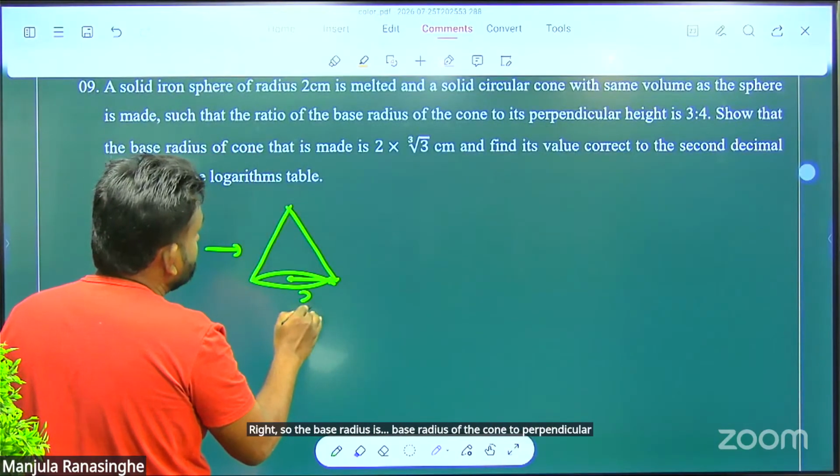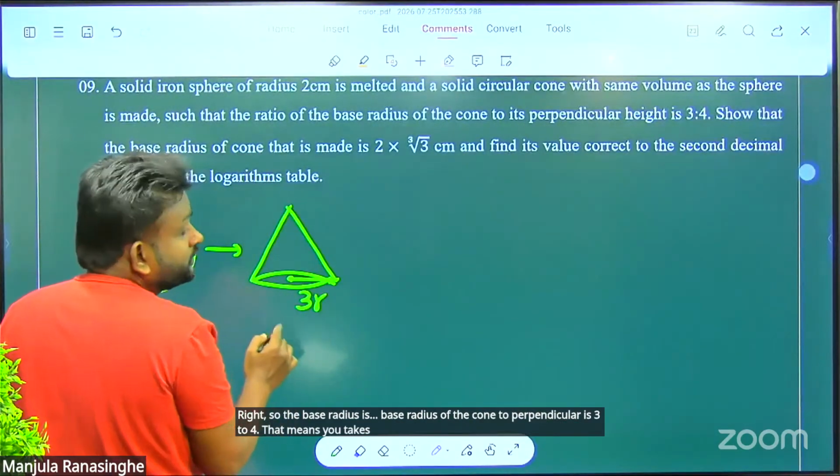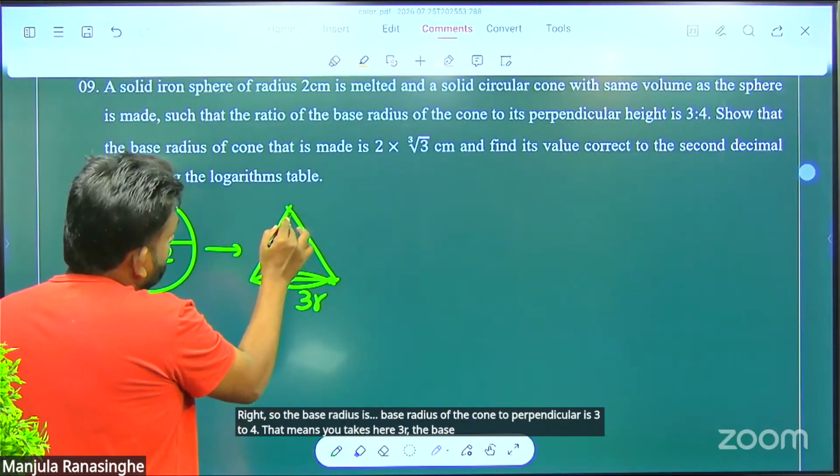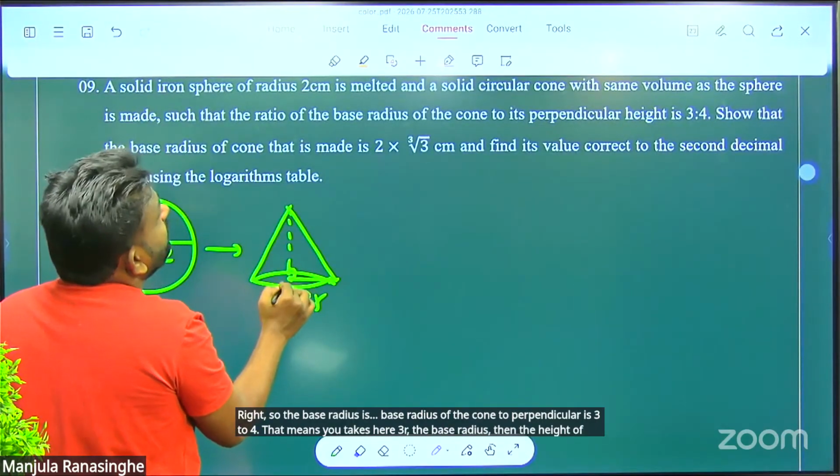That means you take the base radius as 3r, then the height of the cone should be 4r.